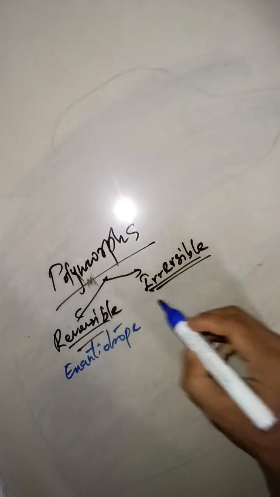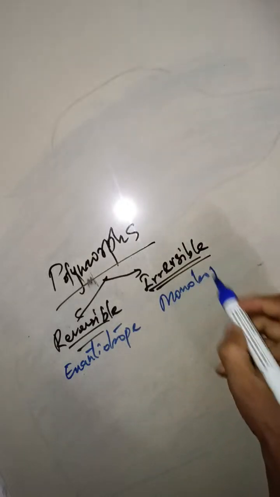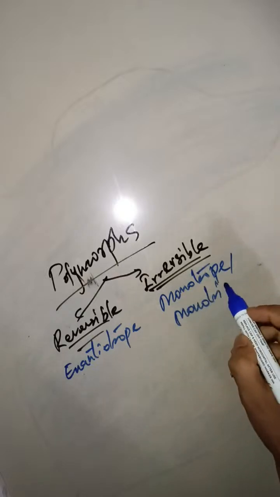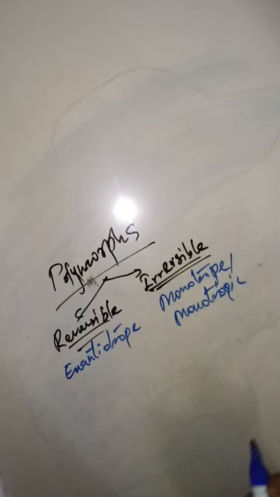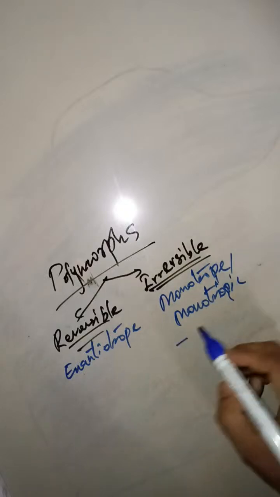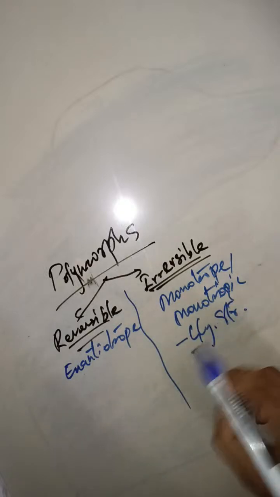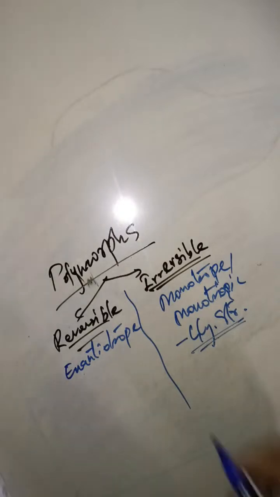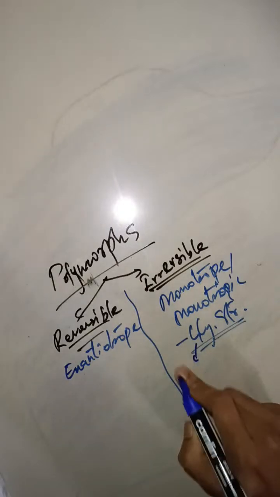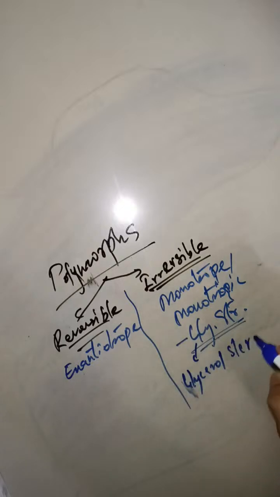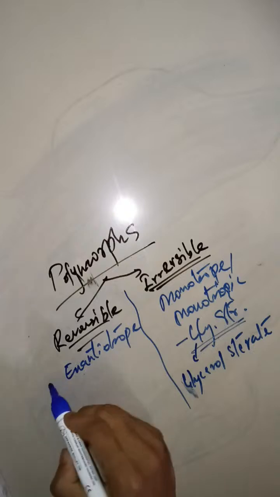And irreversible is also called monotrope, or monotropic. Example of monotrope is glyceryl stearate. You can remember it like this, glyster: glyceryl stearate. And what is the example of reversible polymorph or enantiotrope?